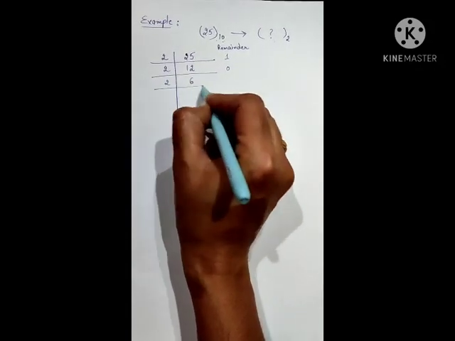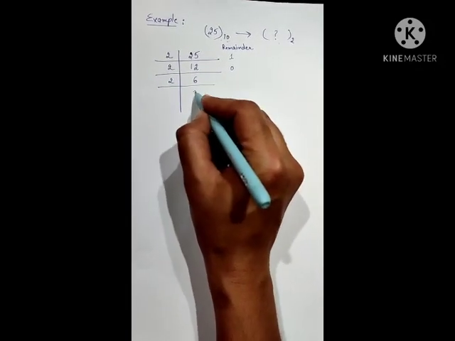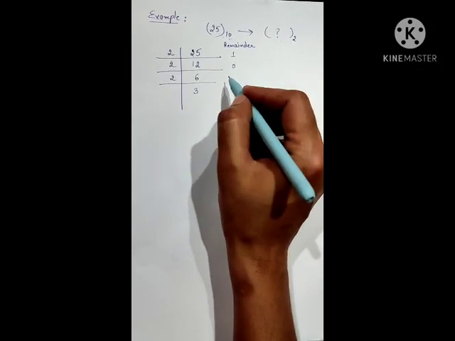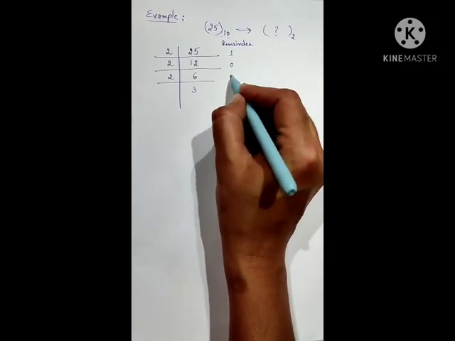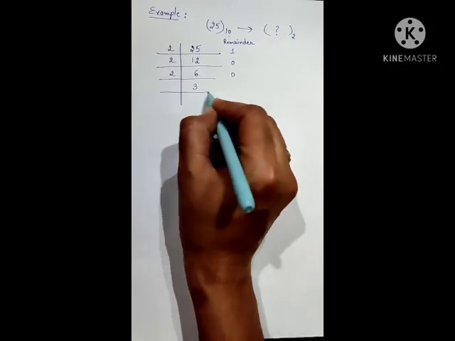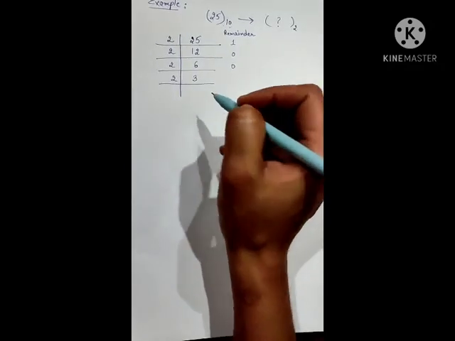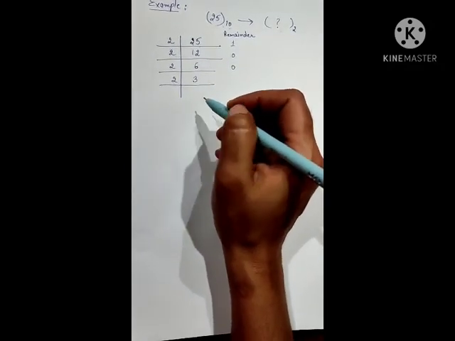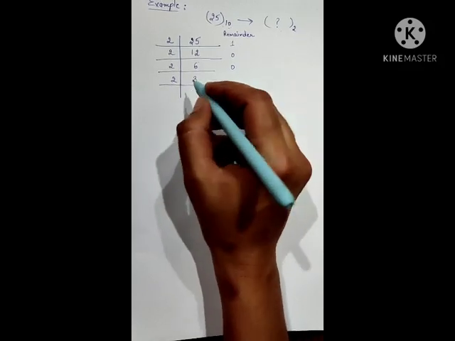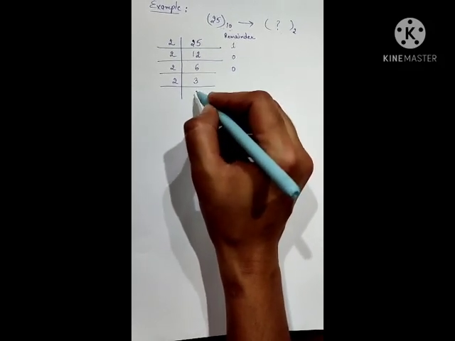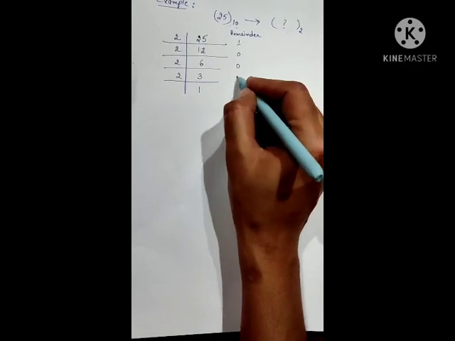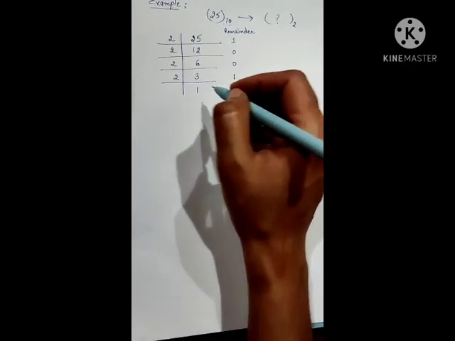Remainder is written over here. Again divide this number by 2, 3 2s are 6 and the remainder is 0. We divide the number again and again till we get 0 as a quotient. So 2 1s are 2, remainder is 1.